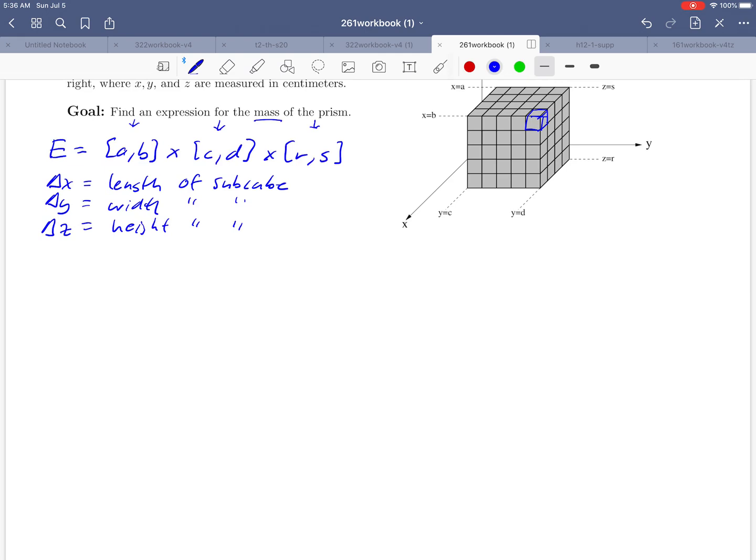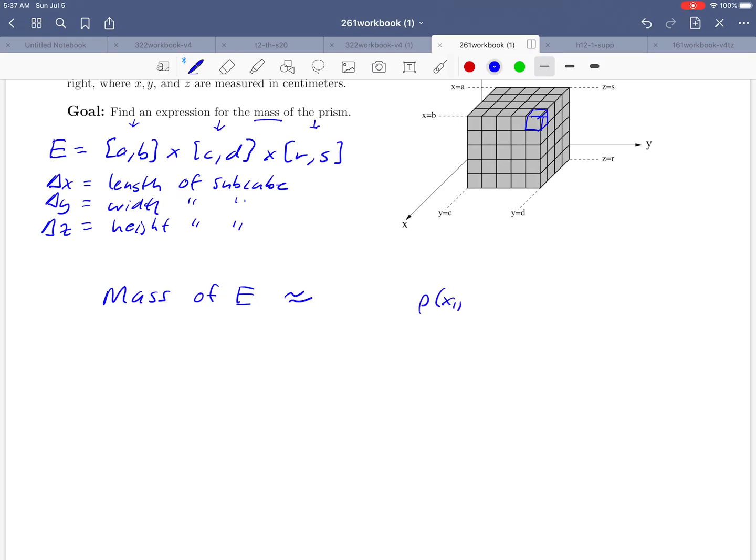Okay, and we'll get started with this process by asking, how could we approximate the mass of the entire region E? Just approximate it, not calculate it exactly. Well, one strategy would be to assume that these subcubes over here are small enough so that we can just go to a cube one at a time, pick a point in the cube and measure the density.